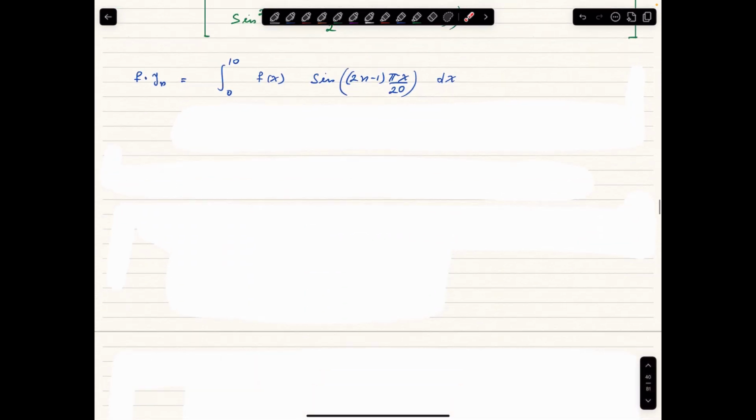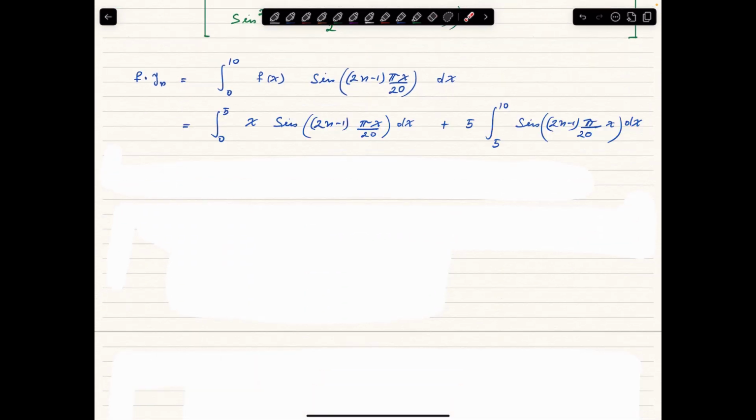So this is what we do here. We split the integral between 0 and 5, where f is x, and then the integral between 5 and 10, where the function is this 5 here, which I already took out of the integral. So we need to do these two integrals.